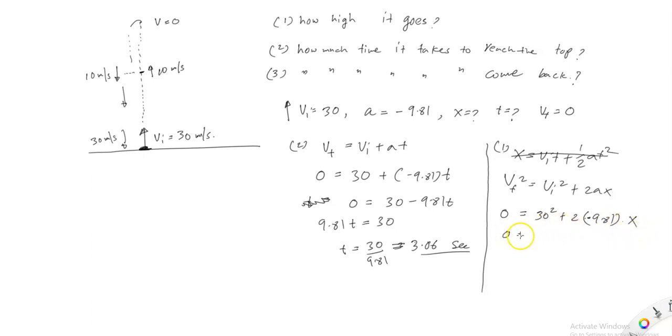So I have 0 equals 900 minus this thing, so 2 times 9.81 x equals 900, so x equals 900 divided by 19.62.